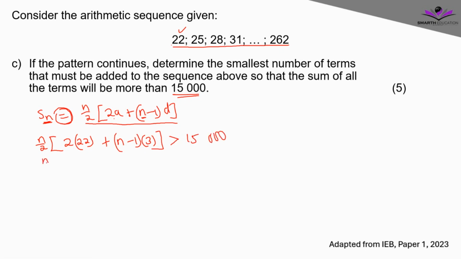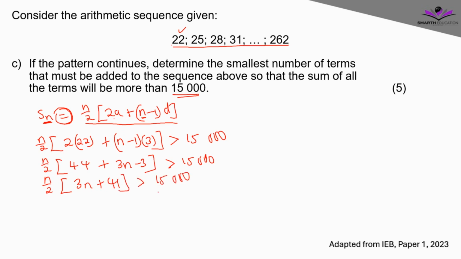And then this should be greater than 15,000. N over 2, let's simplify what is in the square brackets. You have 44 plus 3n minus 3, then greater than 15,000. Okay, you can even start by simplifying what is in the square bracket. So you have n over 2, and then 3n plus 41, greater than 15,000. Okay, let's distribute n over 2.